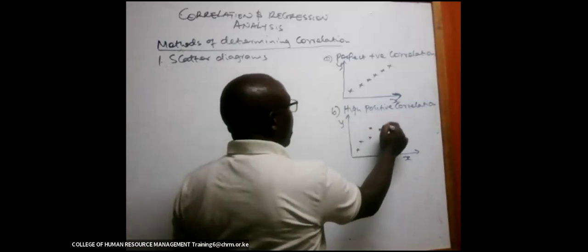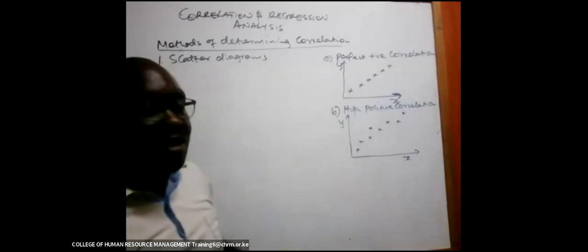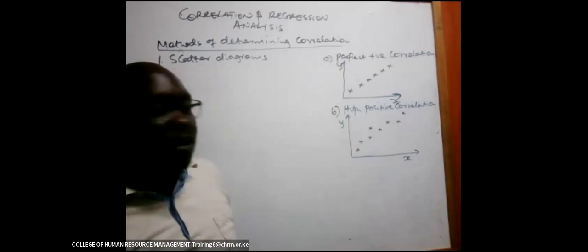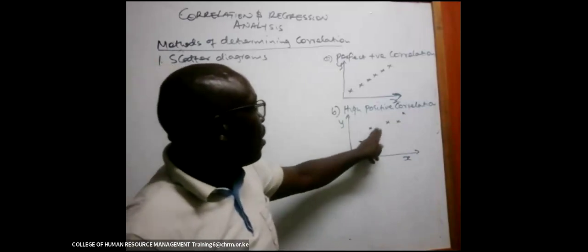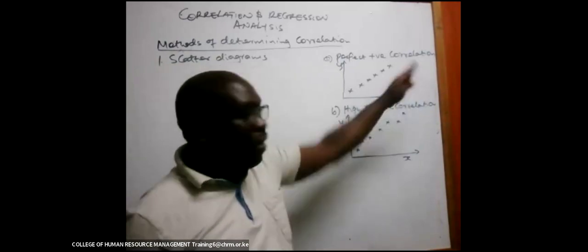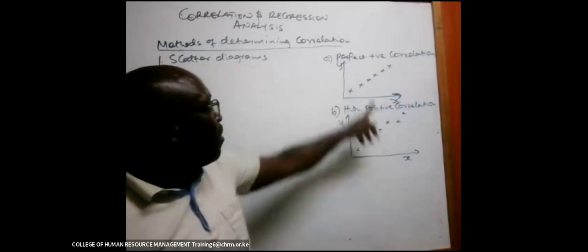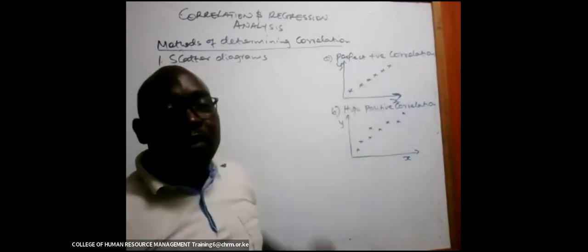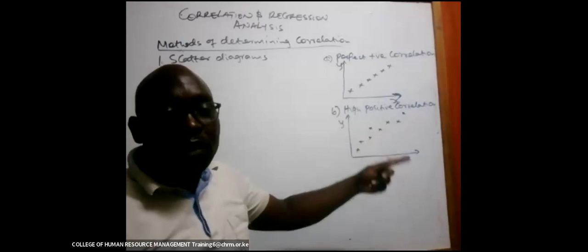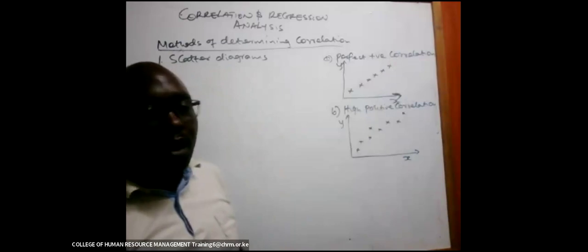But the points don't appear to be making a straight line, but they are almost making a straight line. But you can observe that they are having a positive gradient. They are actually sloping like that. So it is a positive correlation, but not perfect. This is the perfect one where the points are on a straight line. These ones, they are almost on a straight line, but not a straight line, but you can tell that it is a positive correlation.